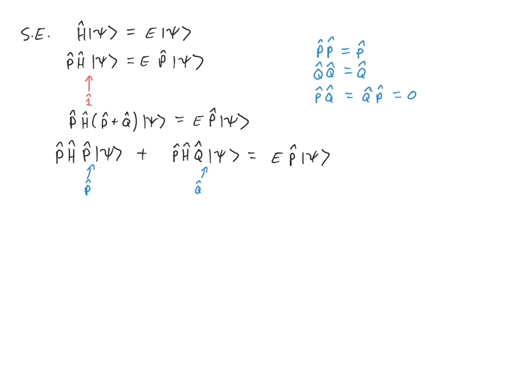That doesn't do anything to the mathematical structure of the equation, but it does allow us to rewrite things slightly, because now I can write that P acting on psi is phi ground state, and Q acting on psi is phi excited, and therefore I'll end up with this: P H P acting on phi gs plus P H Q acting on phi excited is equal to E times phi ground state.